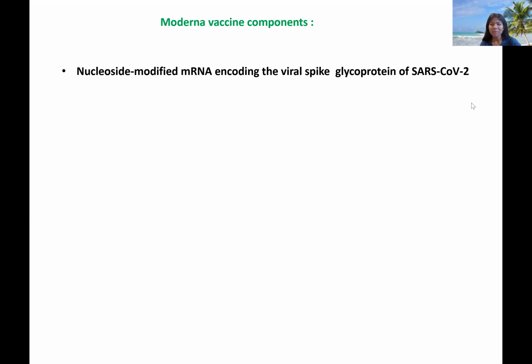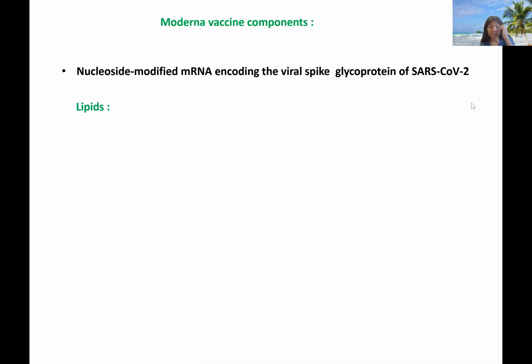So this is the main ingredient, the biological component. This messenger RNA instructs our cells to make a harmless analog of the spike protein which the virus has. This is the main ingredient, and it is similar in both Pfizer and Moderna.